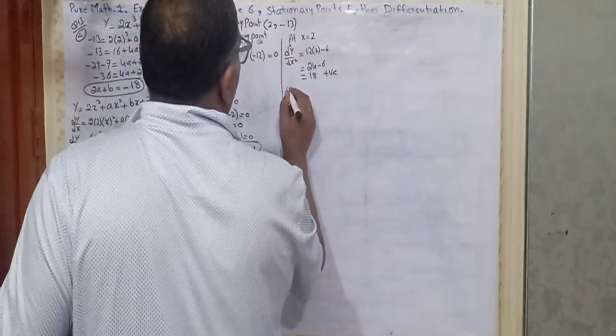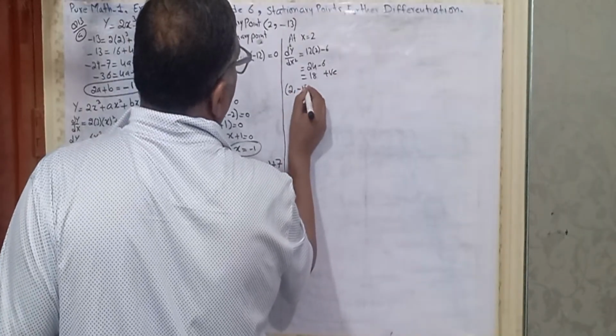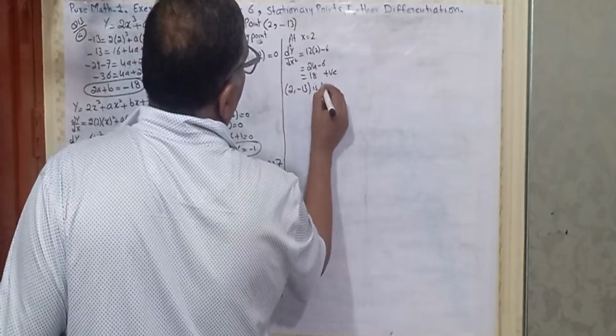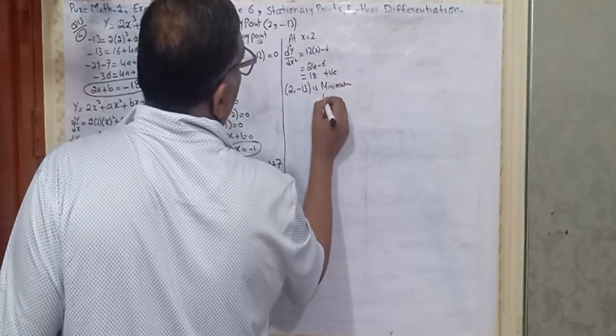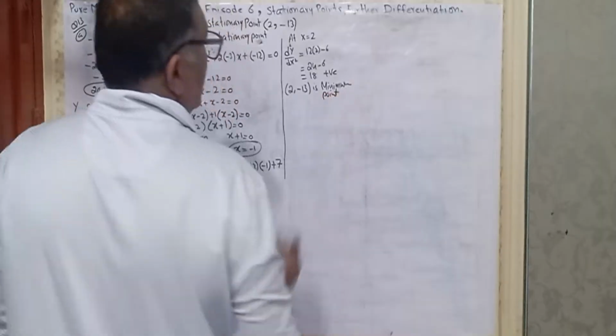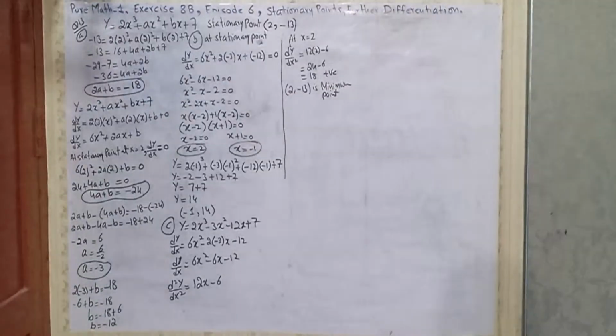So that means 2 comma minus 13 is a minimum point. Let me check. See, 2 comma minus 13 is a minimum point, and that answer is right.